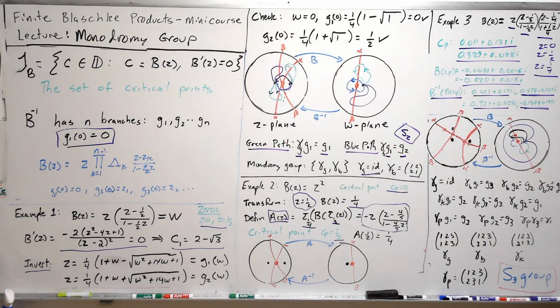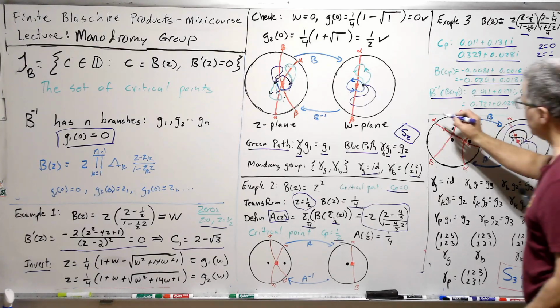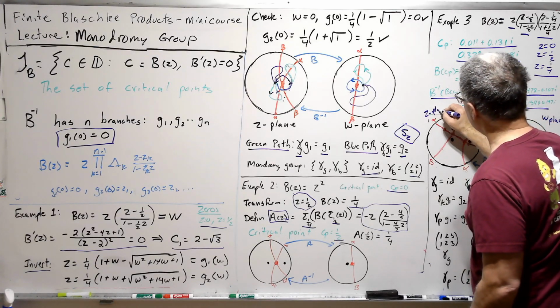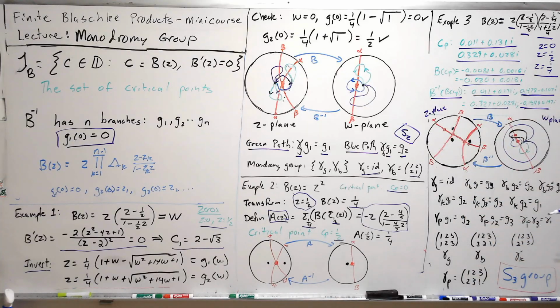So we're going to have our w-plane over here, and our z-plane over here. These 2 critical points right here, close together, I'm exaggerating them now. Here's one, and here's one.